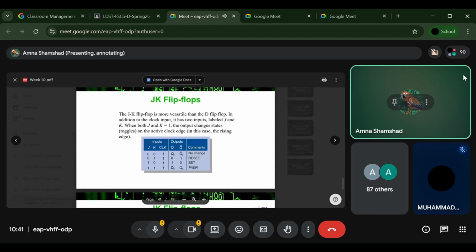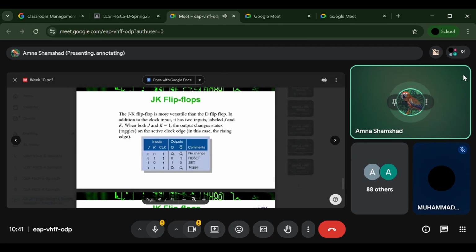If we have 0 0, it means no change, and 0 1 means I am applying the reset signal.